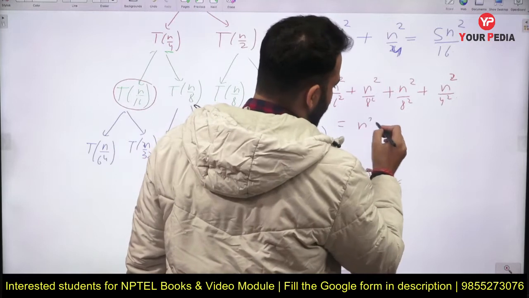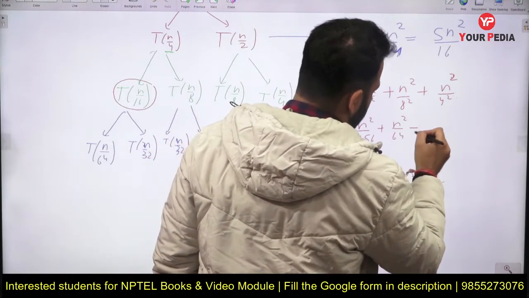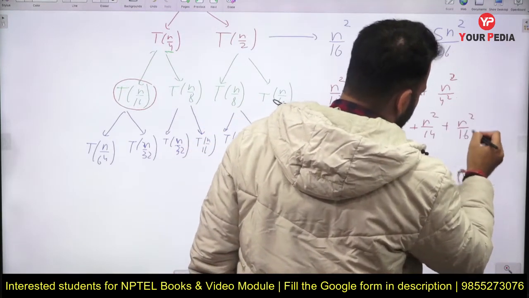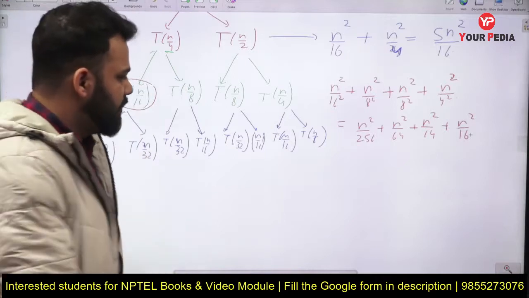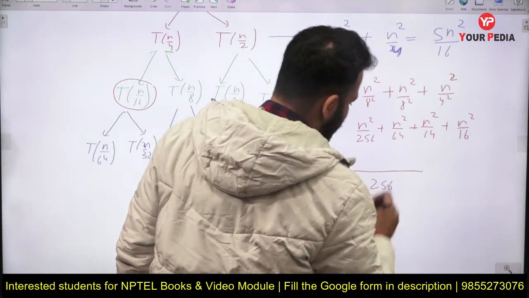If you want to calculate it, it is n square by 256 plus n square by 64, n square by 64 plus n square by 16. Now if we solve this further, the LCM will be 256.